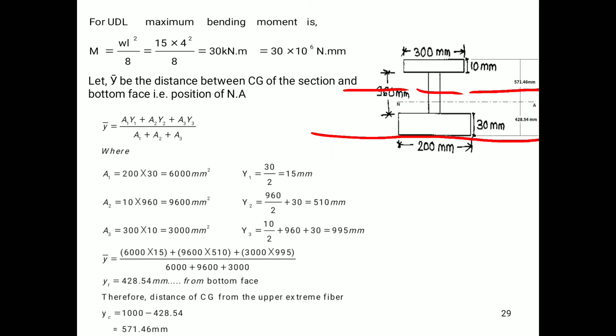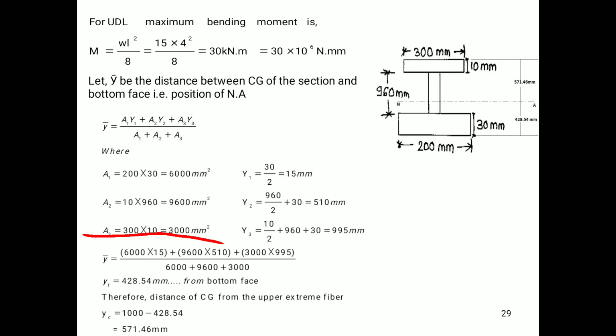Now we will concentrate on section 3. This is our section 3. For section 3, we have flange width equal to 300 mm and its thickness equal to 10 mm. Therefore, our area will become 300 into 10, it is 3000 mm square.